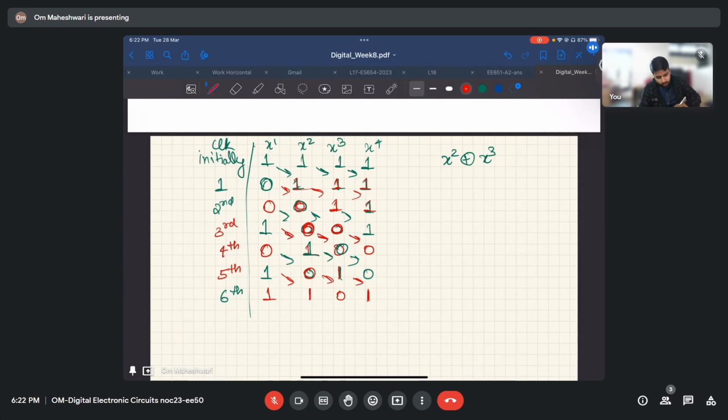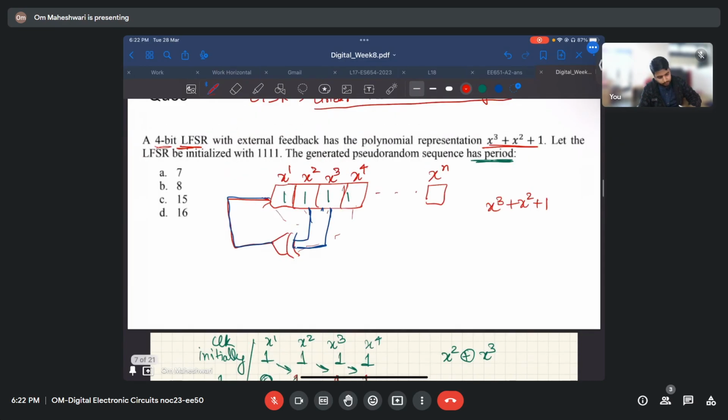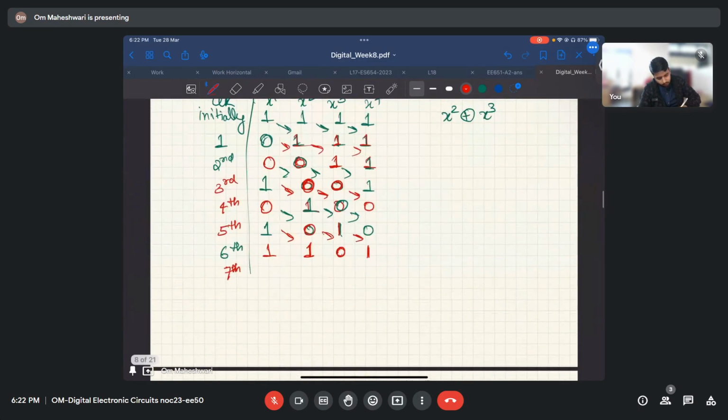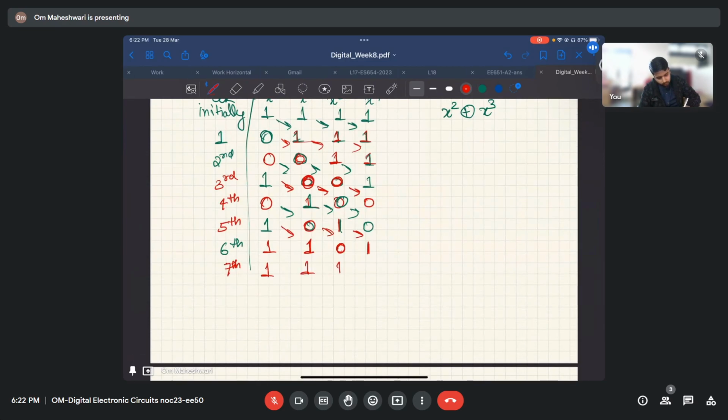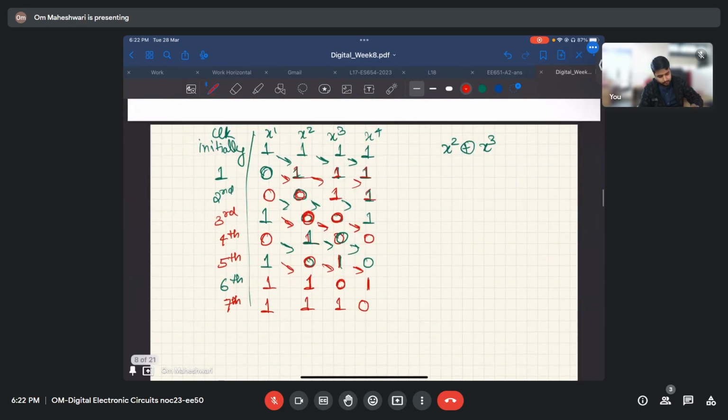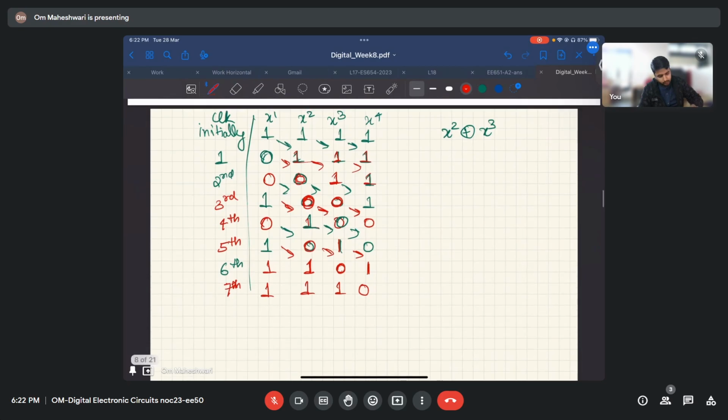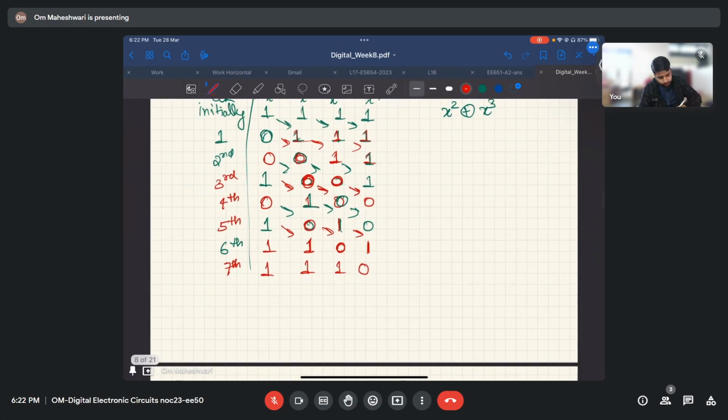In the next cycle, we will have again 0 and 1 XOR, 1 1 1 0. This is what we will have. And in the next cycle, 1 and 1 XOR will be 0. These will shift, 1 1 1.